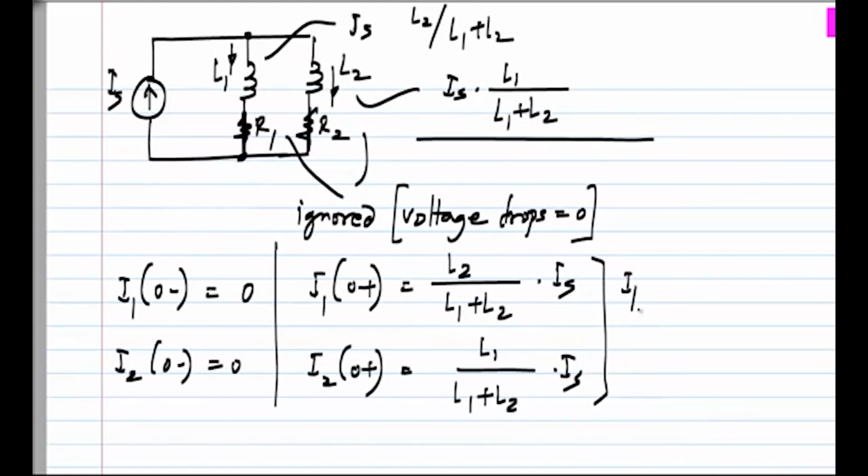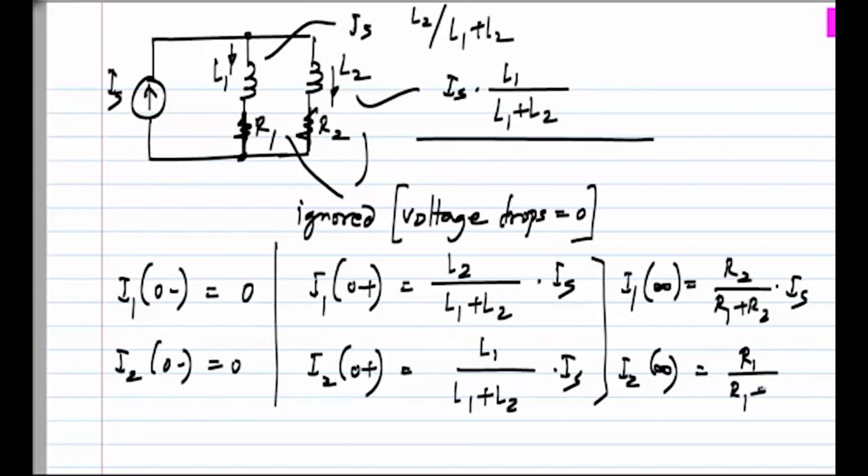So I1 of infinity will be R2 by R1 plus R2 times IS, and I2 of infinity would be R1 by R1 plus R2 times IS. Okay, so from these and the time constant, we can write down the functions for both I1 and I2.